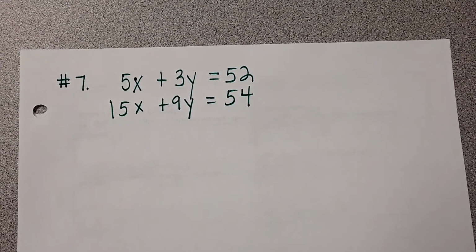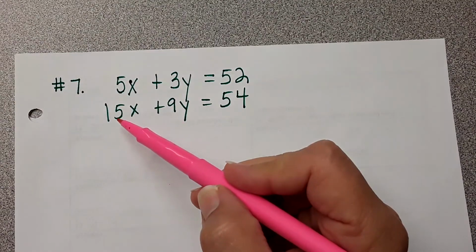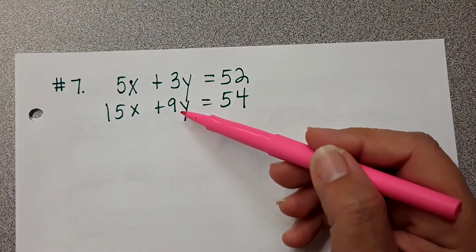Okay, we're going to start off just like I would start off any other problem. Are the x coefficients the same? So I look at it, 5 and 15, are those the same? No. Are 3 and 9 the same?